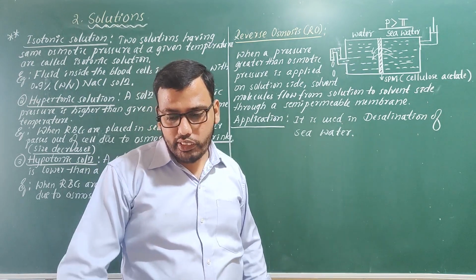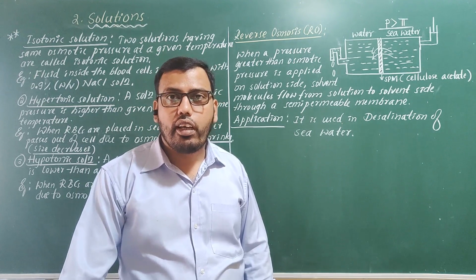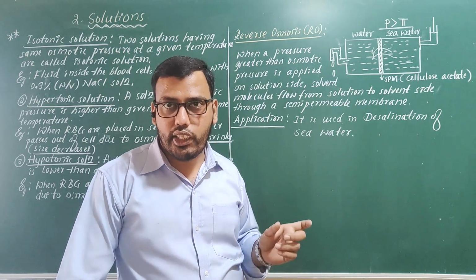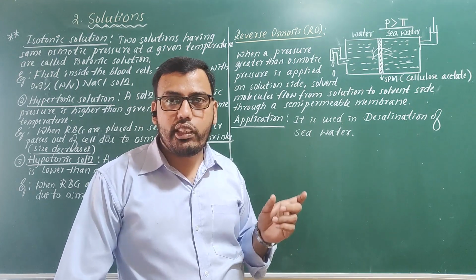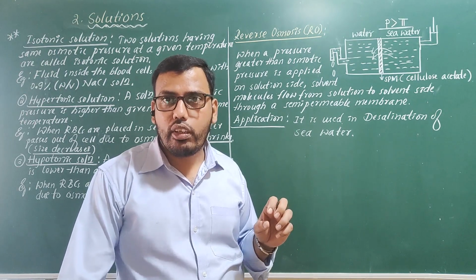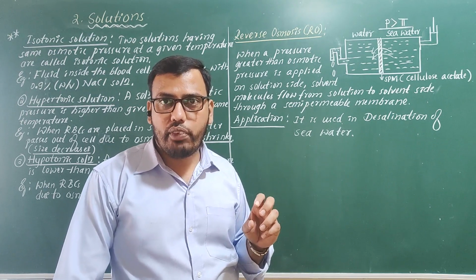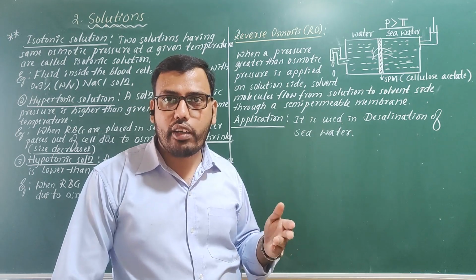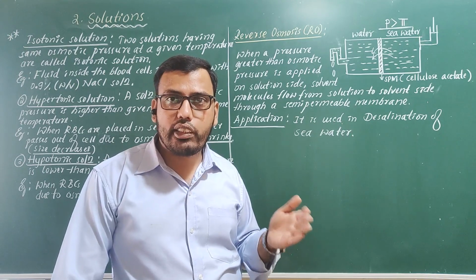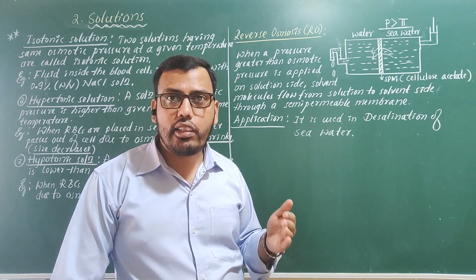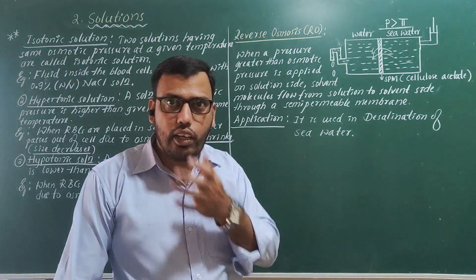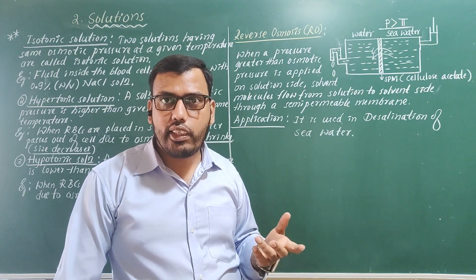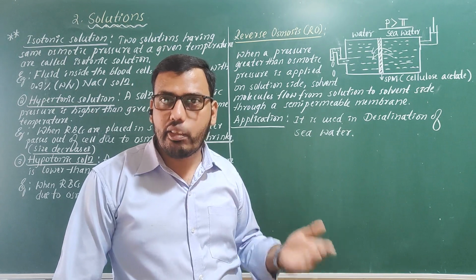Hence this reverse osmosis is an important one. Here the semi-permeable membrane used is cellulose acetate, which is kept on a support. This semi-permeable membrane is permeable only for solvent molecules, but it is impermeable for ions or different salts, or impurities.